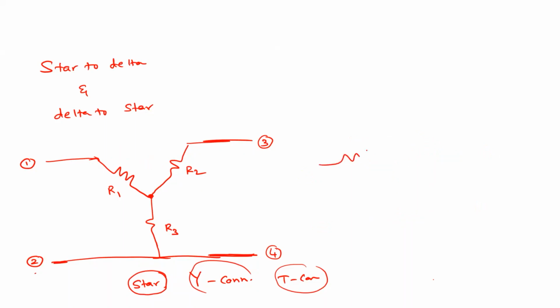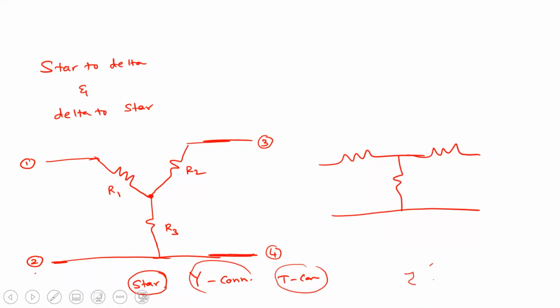For example, you have something like this. Both circuits are the same, no? This is in the shape of a T, right? It looks like a T, so that's why it is known as T shape. So this can be known as star connection, Y connection or T connection.